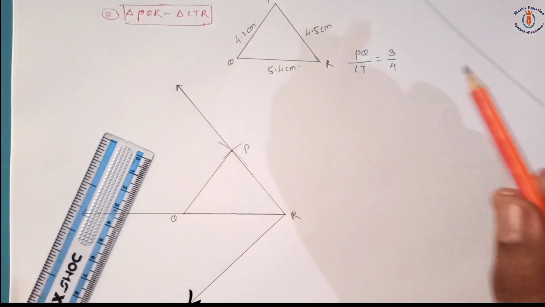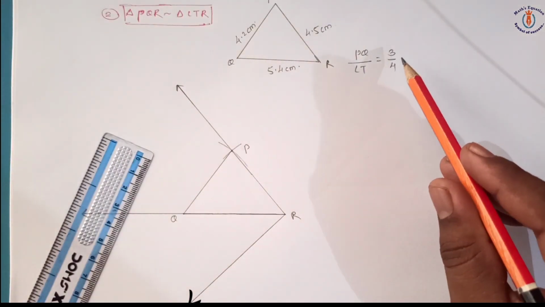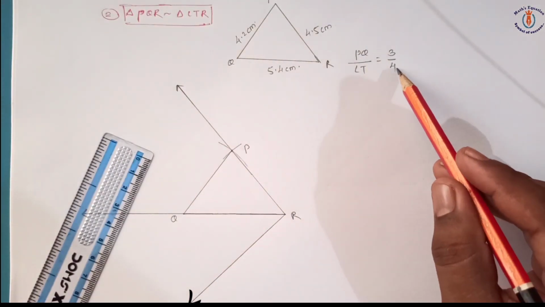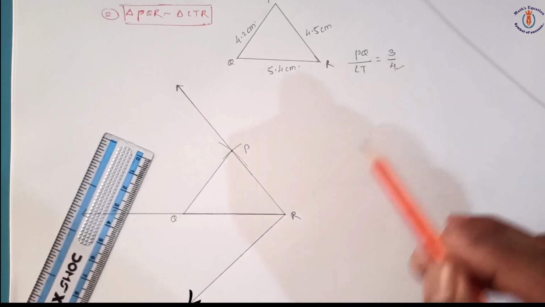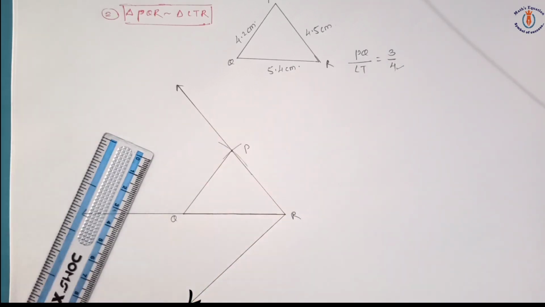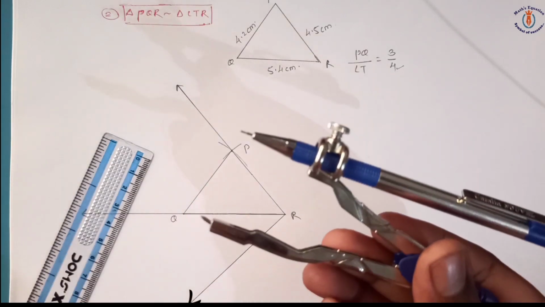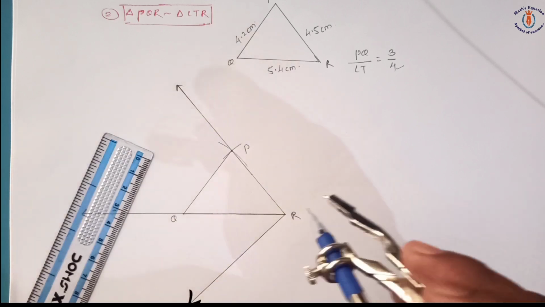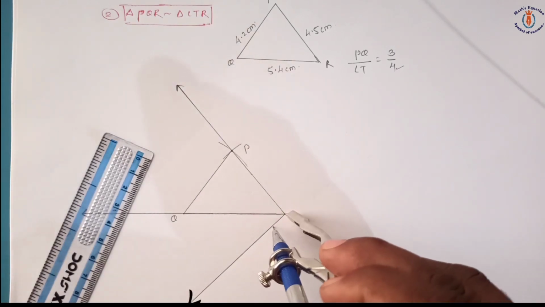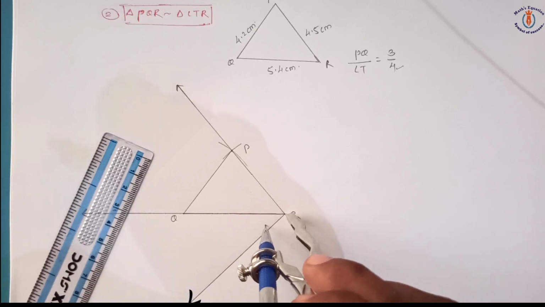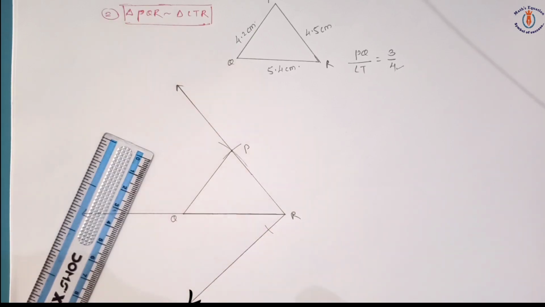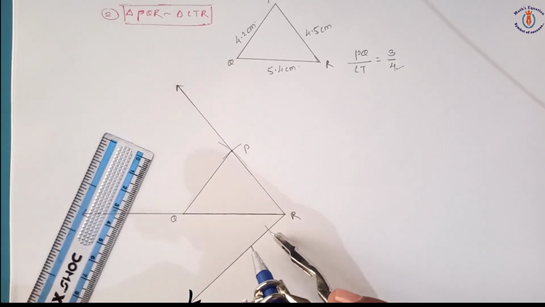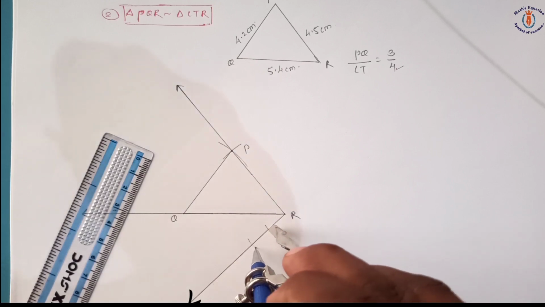Now how many arcs do we have to draw here at the maximum? 4 is the maximum number here, so we are going to draw 4 arcs from this point R by taking a sufficient distance in the compass. The first arc by taking sufficient distance. Now hold the compass on the first arc, then the second arc without changing the distance.